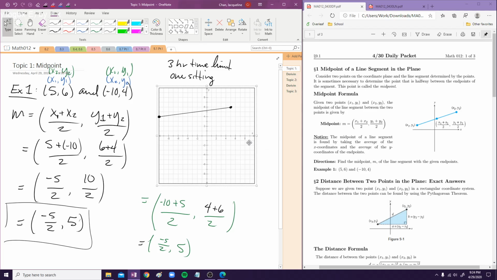So I have this line segment here, and we're claiming that the midpoint is negative 5 over 2, 5. Negative 5 over 2, if I make it a decimal, is negative 2.5. So it's halfway, and then 5.